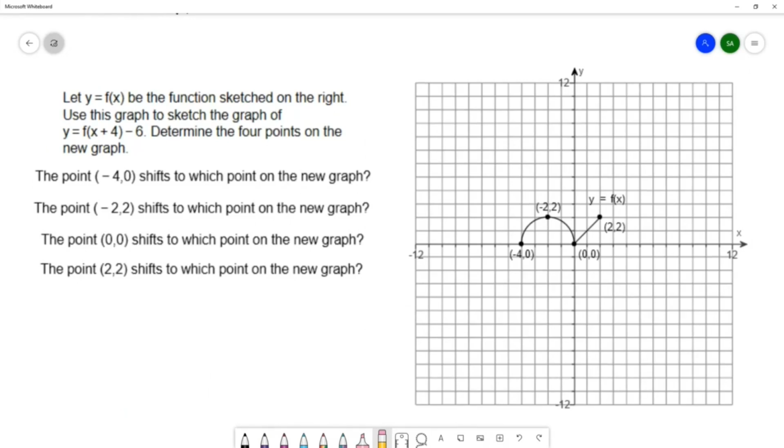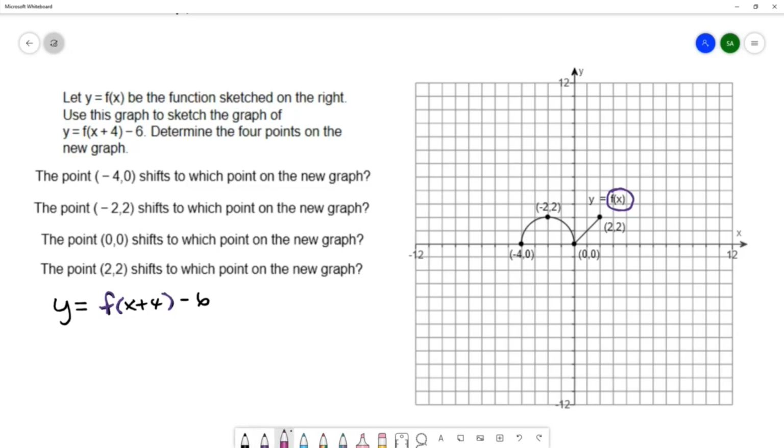So when we look at this new equation, y equals f of x plus 4 minus 6, you can see that we are using f, so that's why we're going to be using this graph on the right to find our new graph.